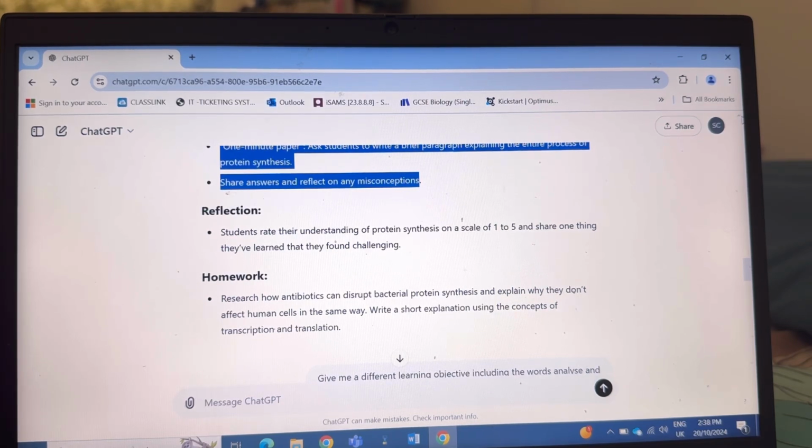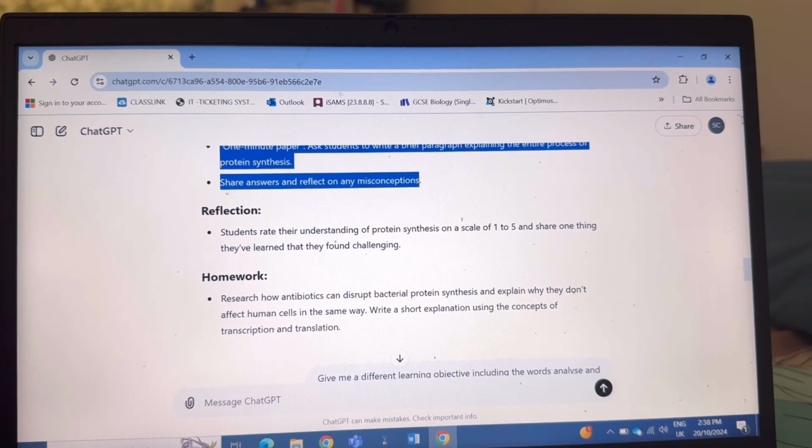Now, reflection can be done in different ways. Every day doing the same way is also good. Just show them the success criteria and tell them which success criteria did you achieve. Are you at good level, very good level, or outstanding level, or if you have not achieved any success criteria, write that and write what you did not understand and how you can improve that.